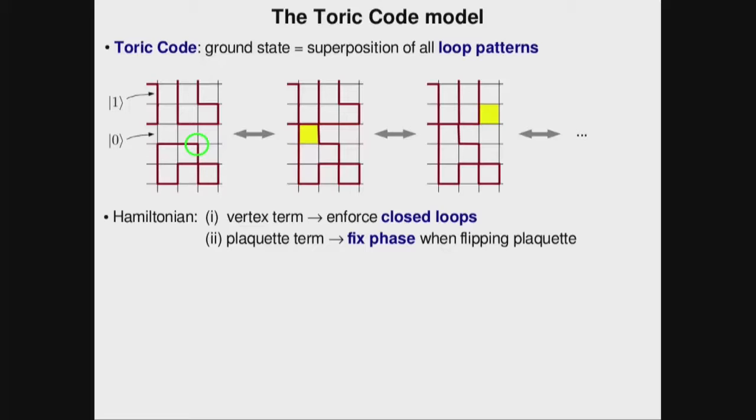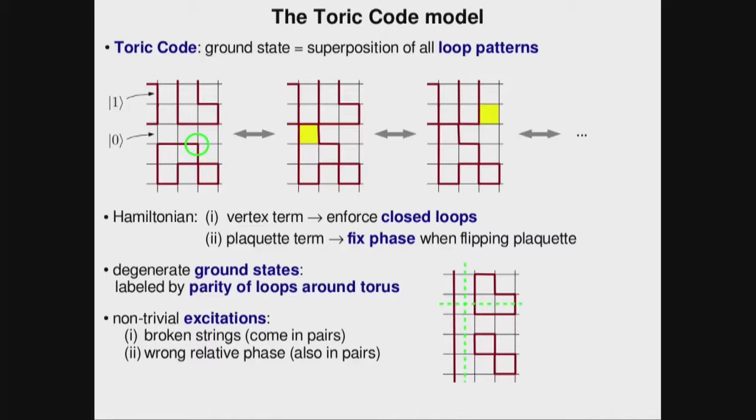Now, one would think this should have as a ground state all possible loop configurations, if these local plaquette flips allow us to connect all possible loop configurations with each other. And if you think about it for a while, you will figure out that this is almost correct. However, if you start from a configuration which has a single loop going around the torus, you will never be able to remove this single loop by flipping individual plaquettes.